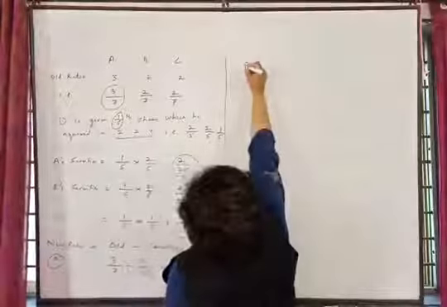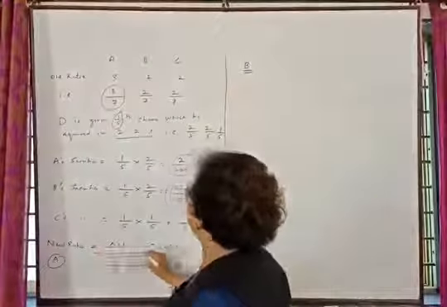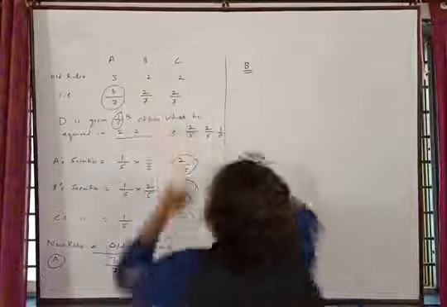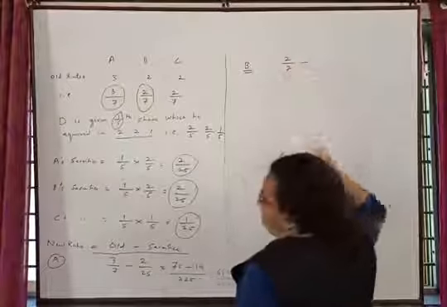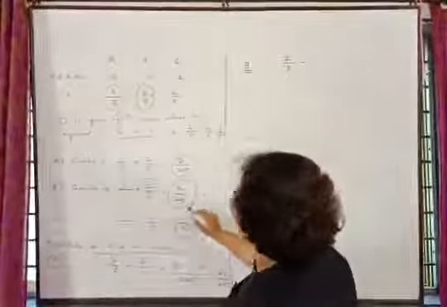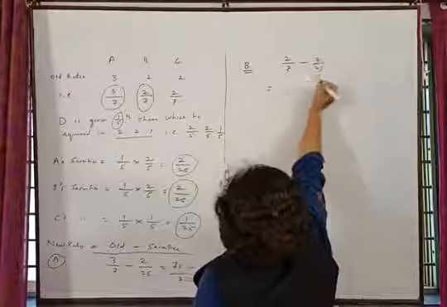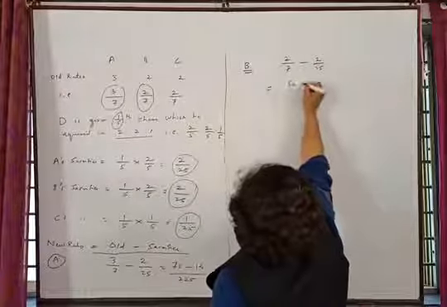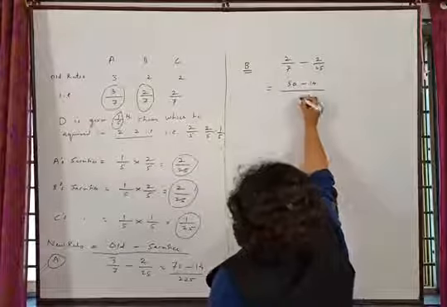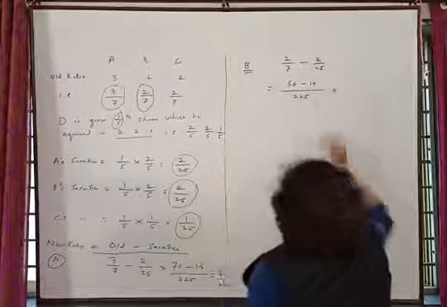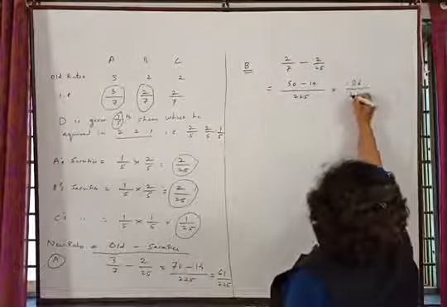Now for B, old ratio minus sacrifice. So his old ratio is 2 upon 7 minus B's sacrifice is 2 upon 25 is equal to 25 2s are 50 minus 14 divided by 225 is equal to 36 upon 225.